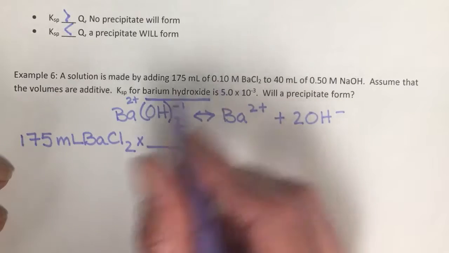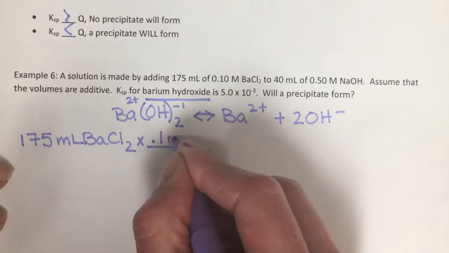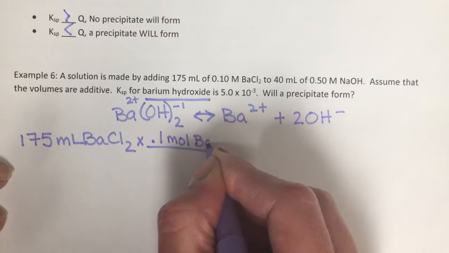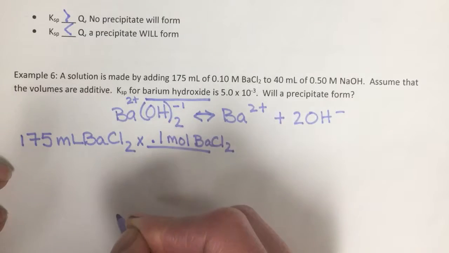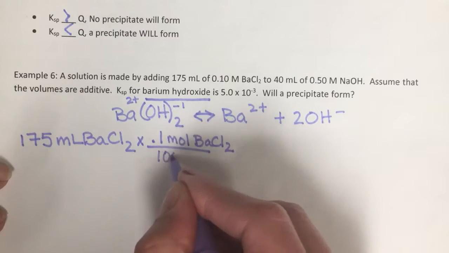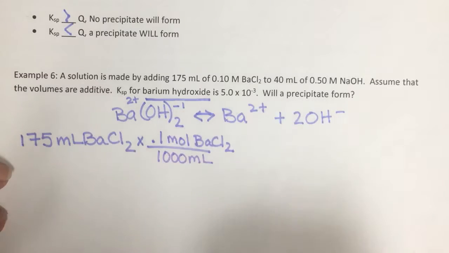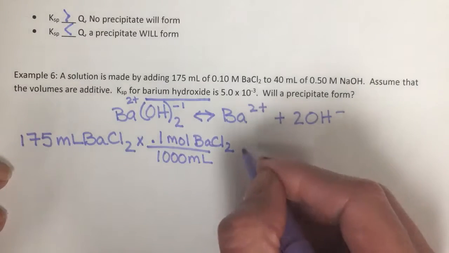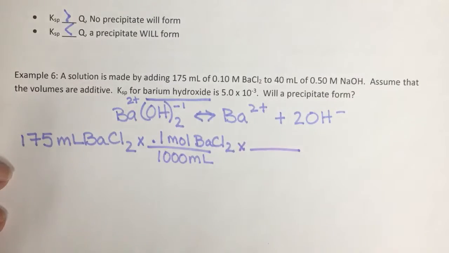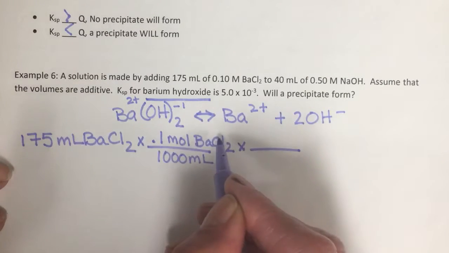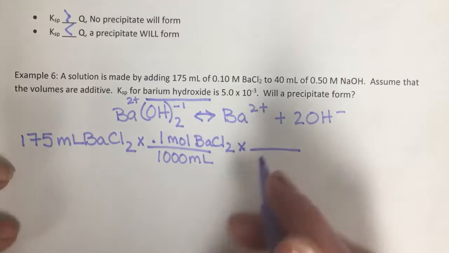So just like with titrations, I'm told that I have 175 milliliters of BaCl2. For my concentration, I have 0.1 moles of BaCl2 for every 1,000 milliliters of BaCl2. Now I don't care about the whole thing, I only care about Ba.